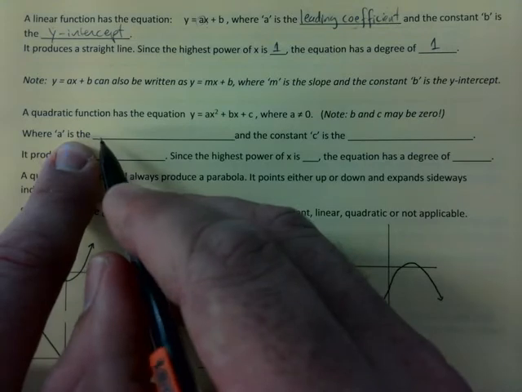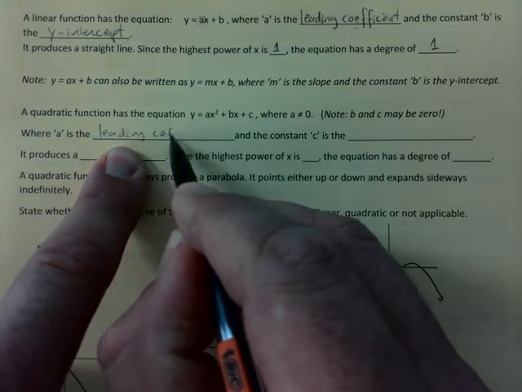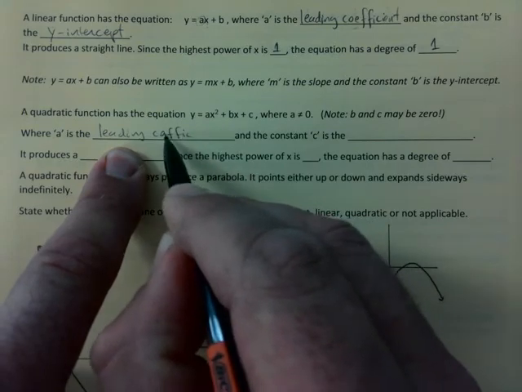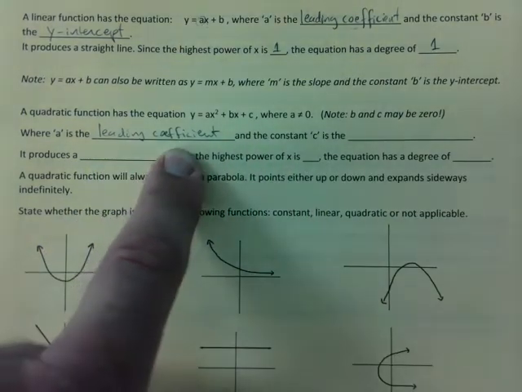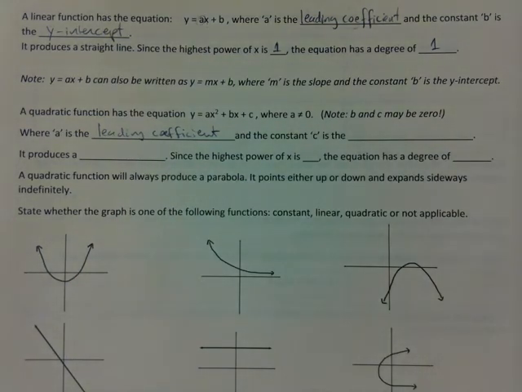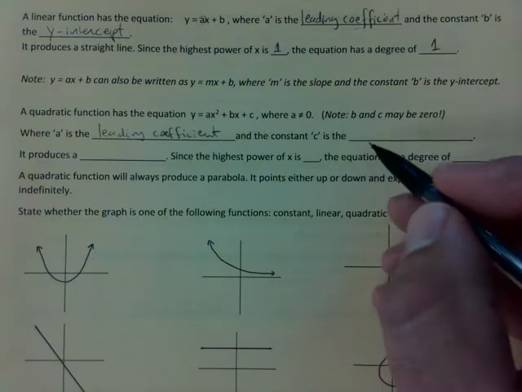Where a is the, you guessed it, leading coefficient. That word coefficient, right? That will come back in grade 12 applied, mark my words. And the constant c in this case is the y-intercept.